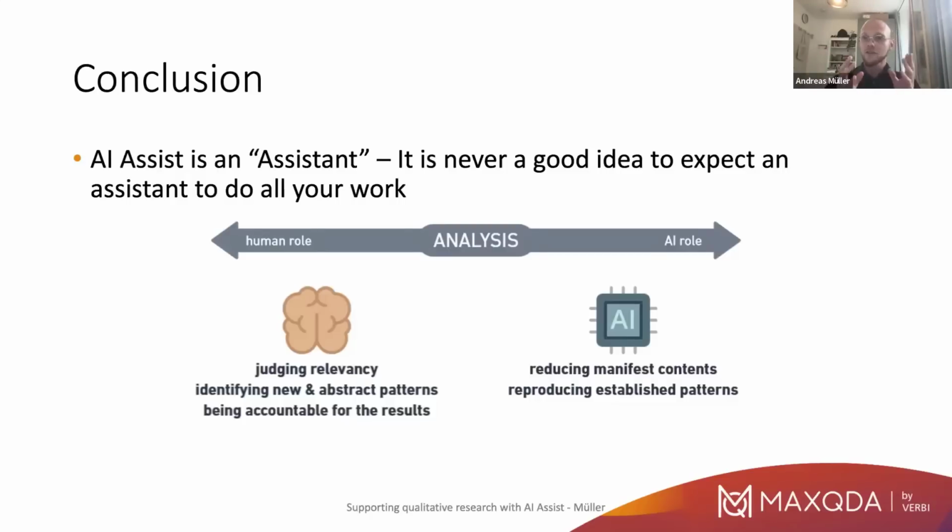If the AI coding is good or bad, that's what we decide. If it's helpful for a research question, that's what we decide. We are also the ones who are accountable for the results. So you cannot say, sorry, it was an error by the AI and I completely produced invalid results. The AI in itself is really good at reducing manifest contents, in summarizing things, in reproducing established patterns.